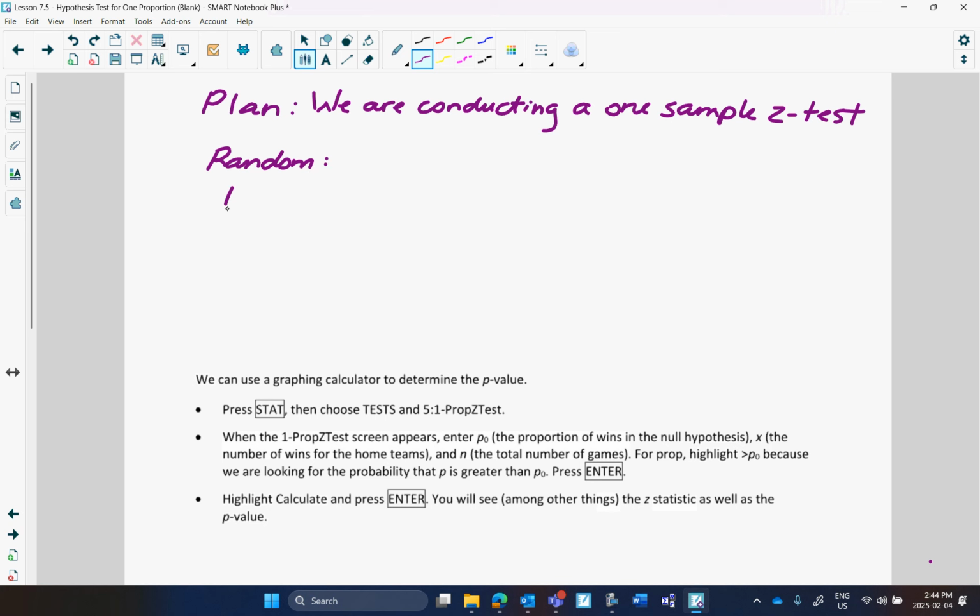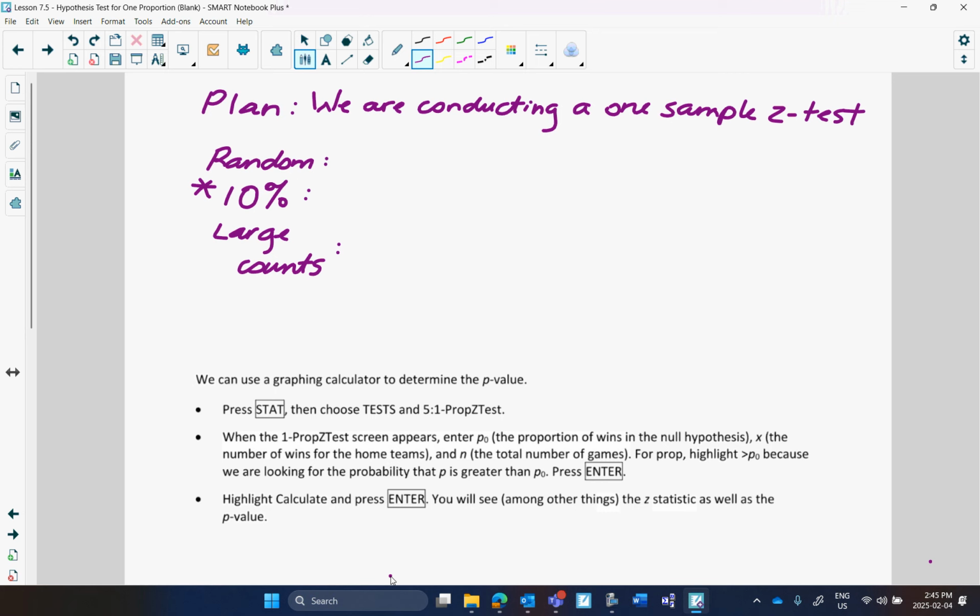So random, 10%, and this is actually going to be an interesting one this time. Large counts. Does it say anywhere in the question that there was random selection or assignment? Well, it doesn't say in this question, but if you look at the beginning of the lesson, after it says home court advantage in bold, it says the league randomly assigned.